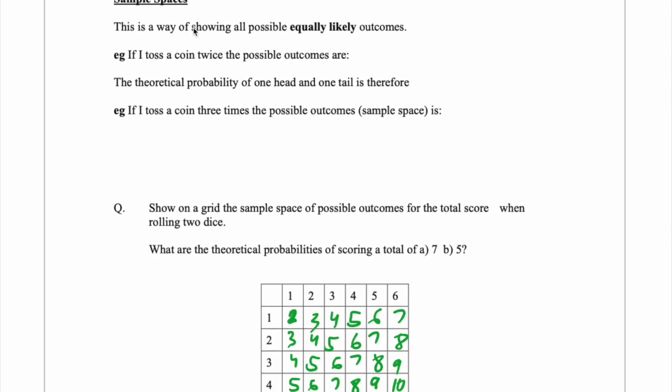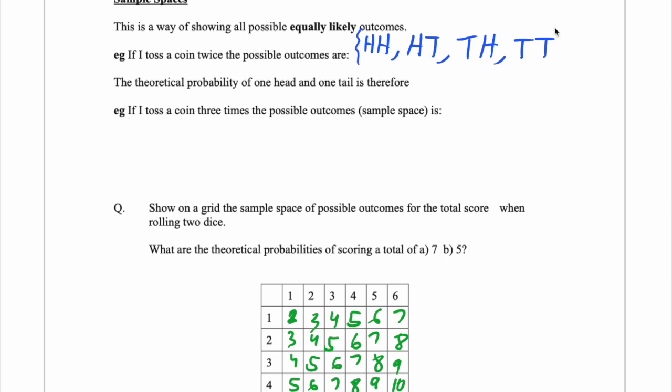Sample spaces. Sometimes the best way to work out all the outcomes is just to list all the possibilities. Otherwise, sometimes you can shortcut it. If I toss a coin twice, the possible outcomes are heads-heads, heads-tails, tails-heads, or tails-tails. So there are 4 different possibilities, and this is called the sample space.